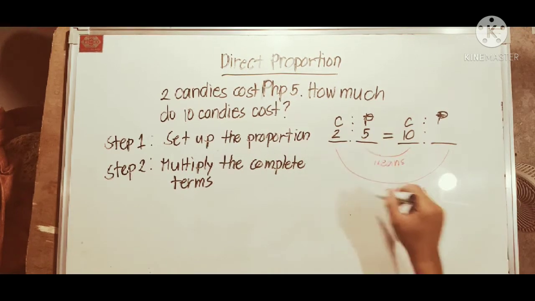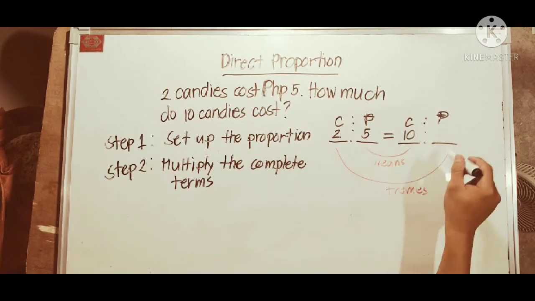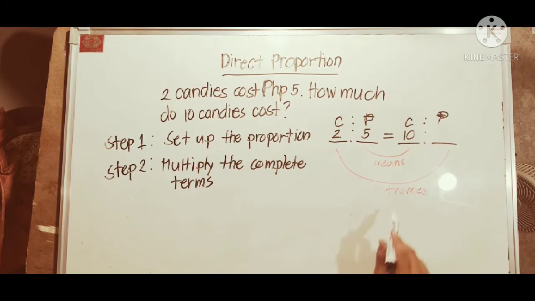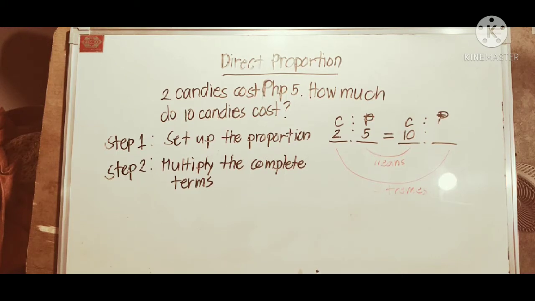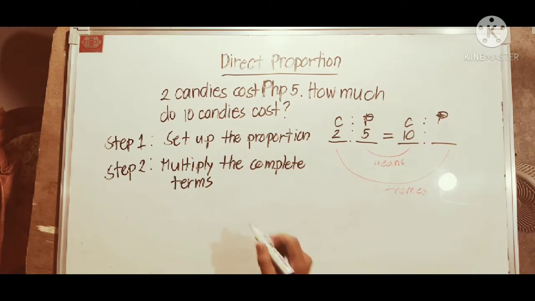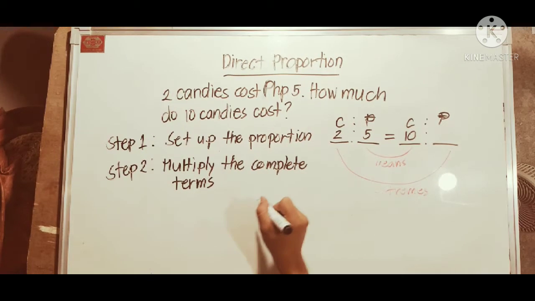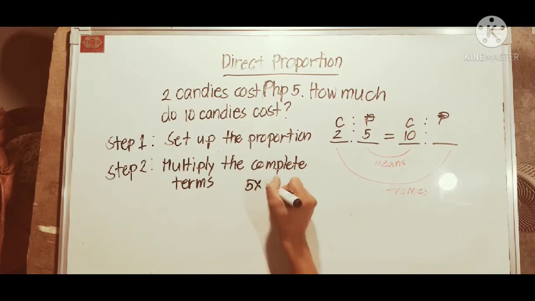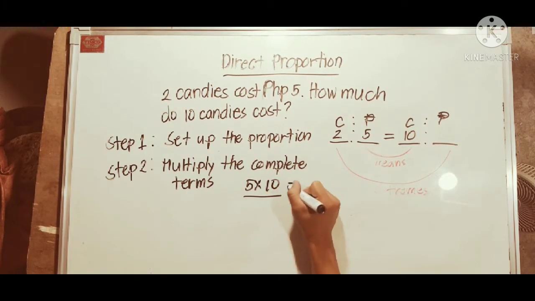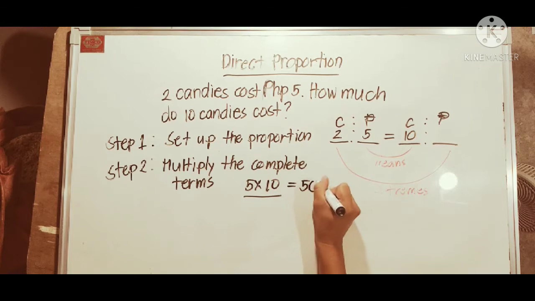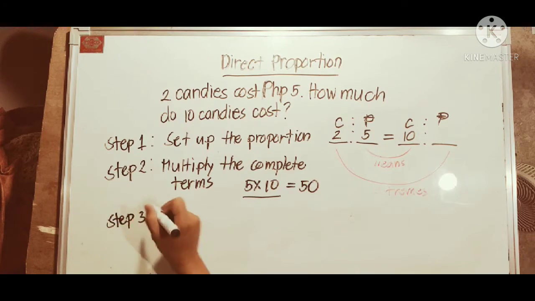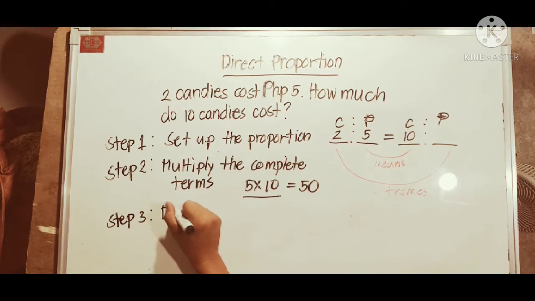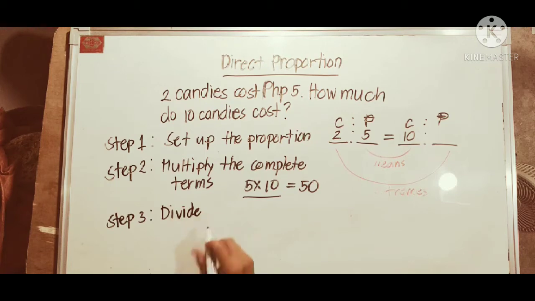You have two numbers. The numbers we multiply in step 2 are the means because they are the complete terms. So 5 times 10. What will be the answer? It is 50. Next, step 3: divide the product by the remaining number.